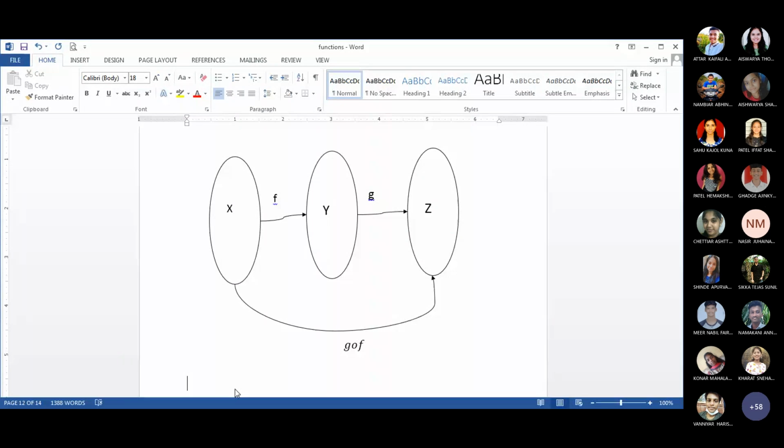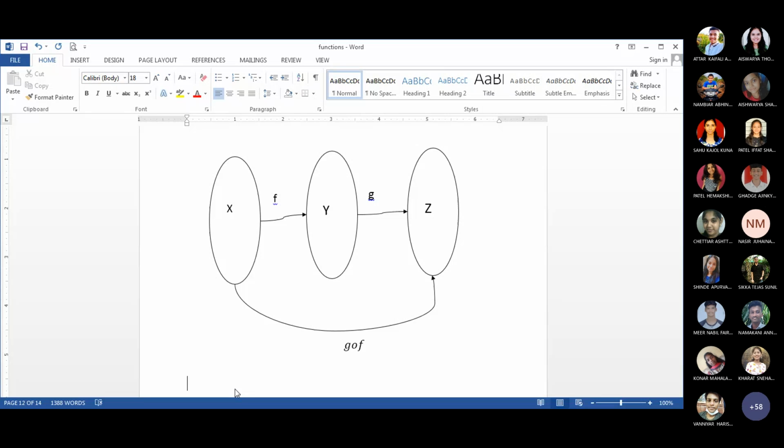When will the two compositions exist? F composed with G will exist when G का कोडोमेन is same as F का domain.